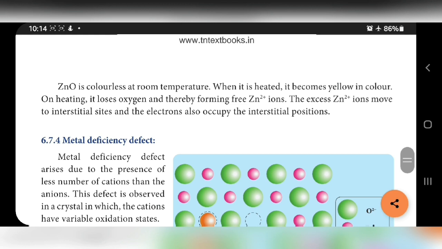Next, zinc oxide is colorless at room temperature. When it is heated, it becomes yellow in color. On heating, it loses oxygen and thereby forms free Zn2 plus ions.